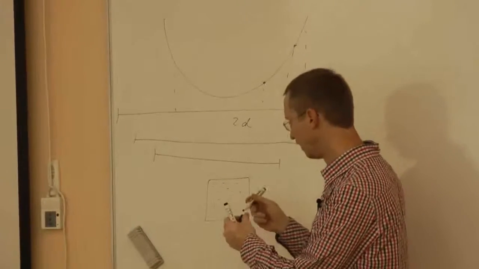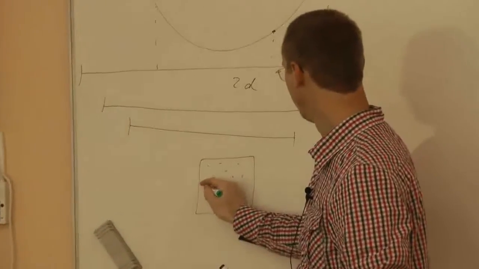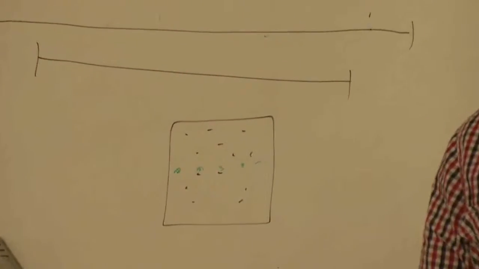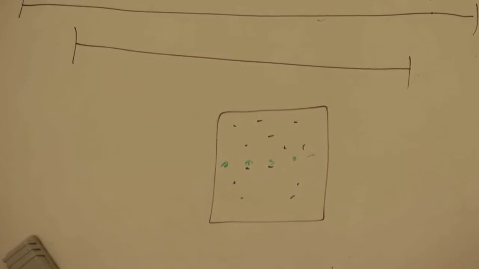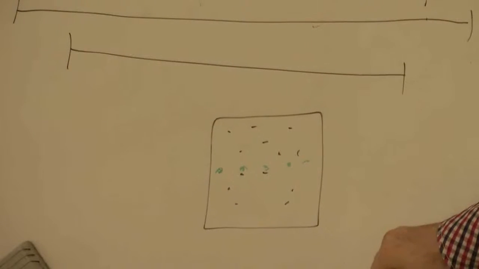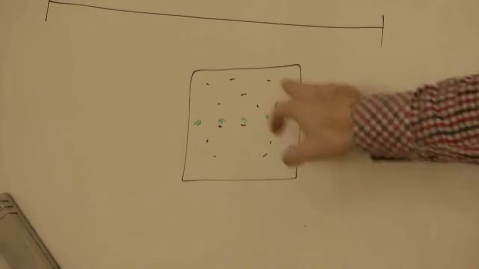In other words, let me put a different color. Also, this is a sampling of the box, but it is not a particularly good sampling because we are essentially not exploring what happens above this line or below that line. So for good performance of the method, we really do require that we cover the whole box with the random samples.